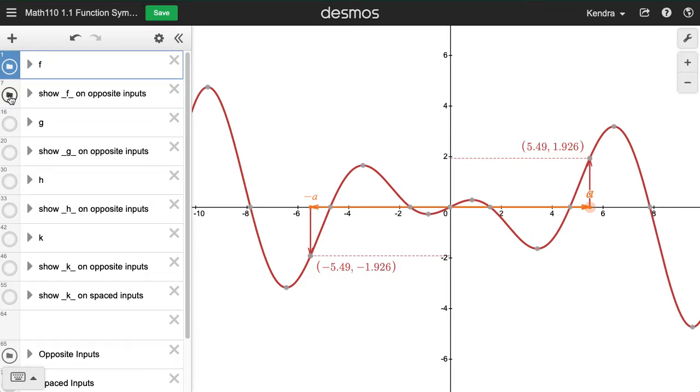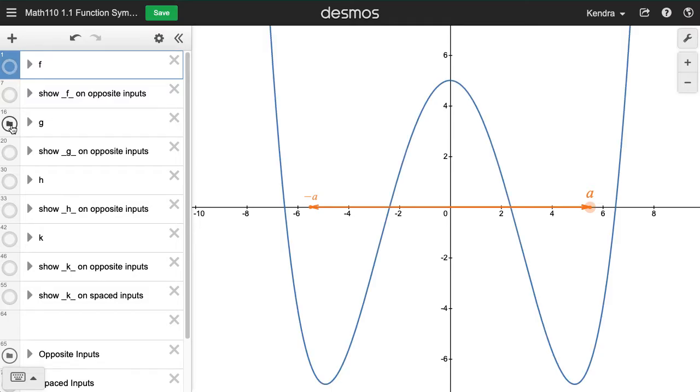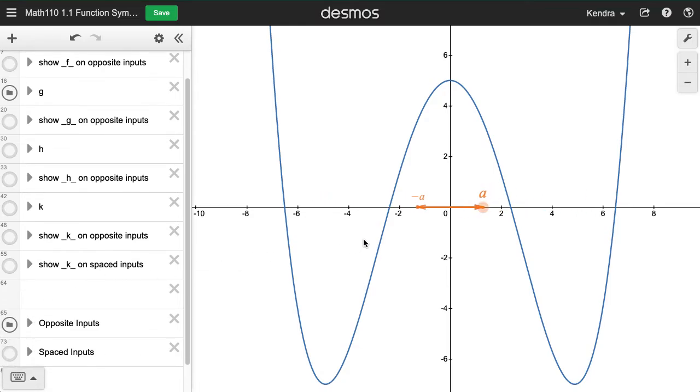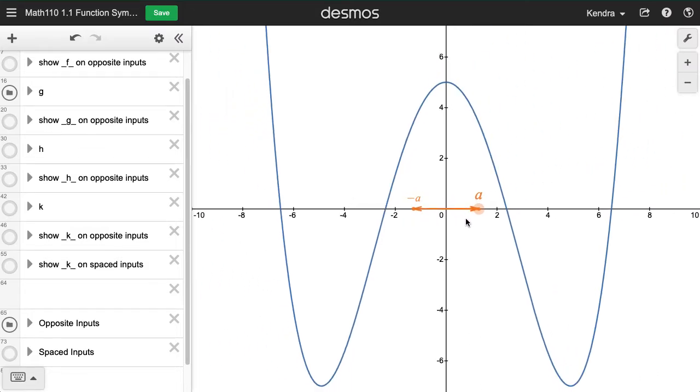All right. So I'm going to close these up, and I'm going to show G. Now what's happening? What kind of symmetry do you see? I still have my opposite inputs being shown. Those are down here in line 65. I'm asking what is happening to the outputs on opposite inputs.